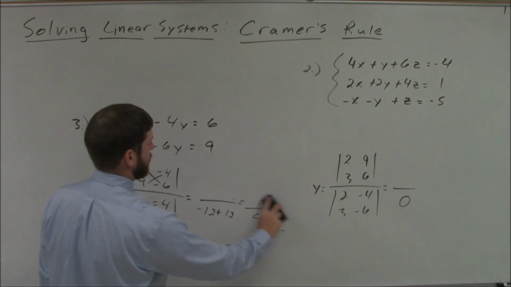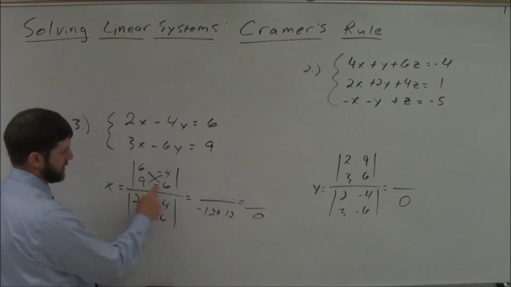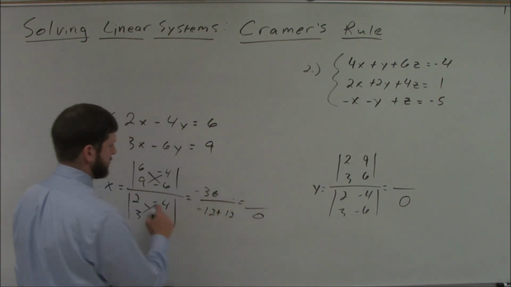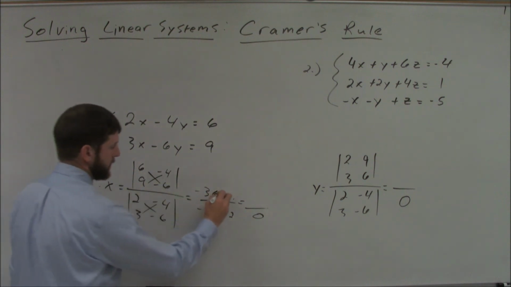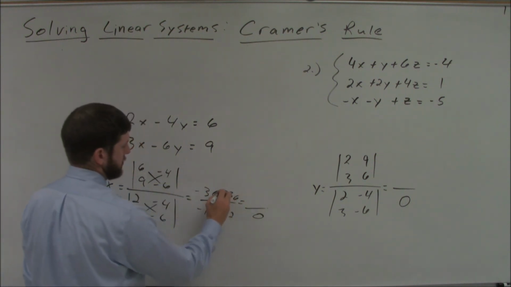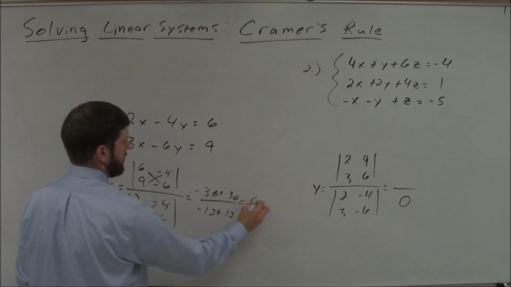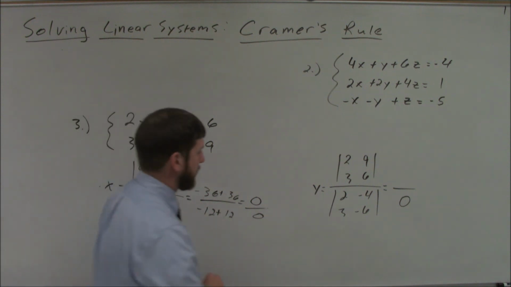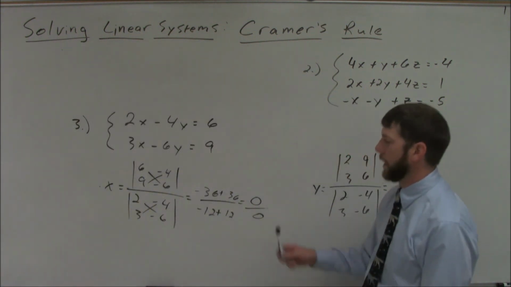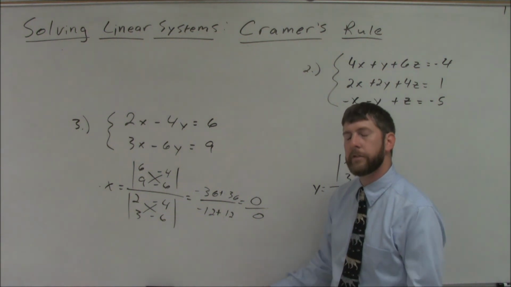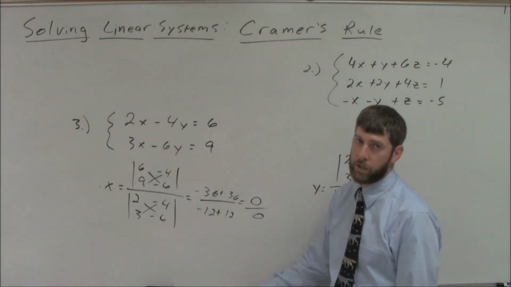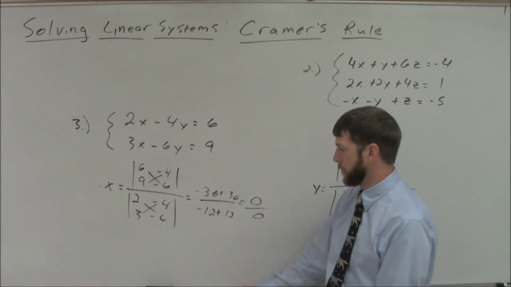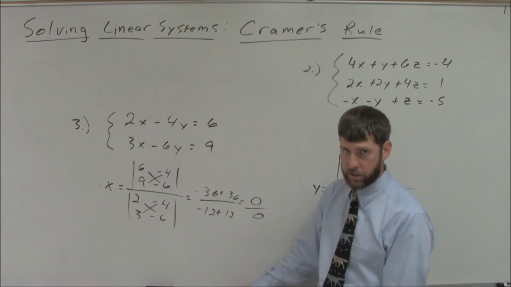The numerator's determinant now, 6 and 6 is negative 36, negative 4 and 9 is negative 36. Change that to addition, gives us a 0. So if the denominator gives you 0 along with the numerator, think of it like 0 equals 0, like we had when we were solving systems algebraically: infinitely many solutions.